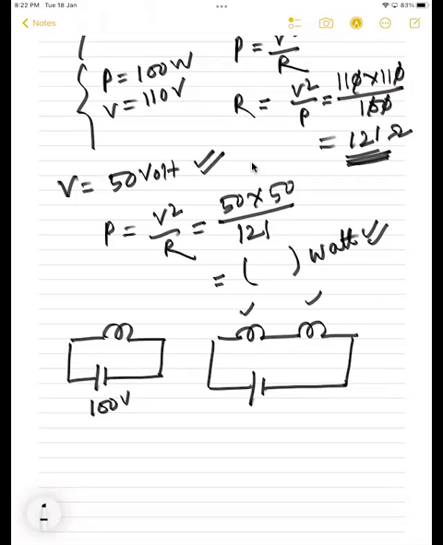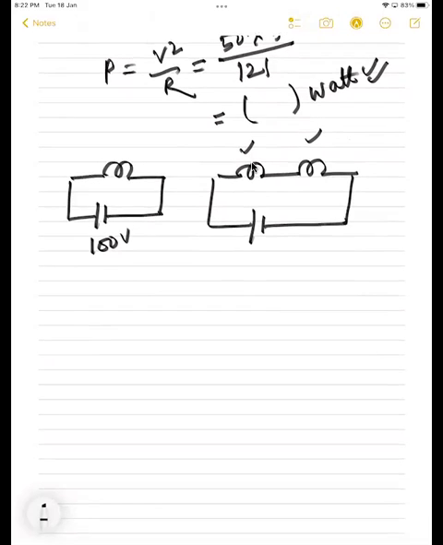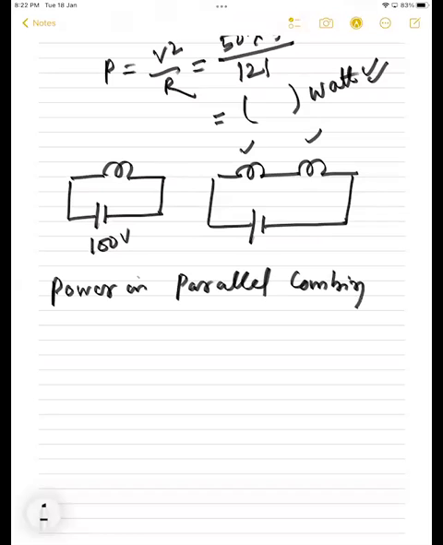Next, students, let's see parallel combination, right? Let's see power in parallel combination.